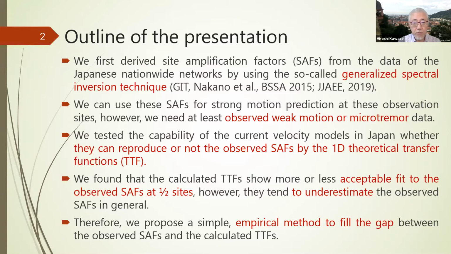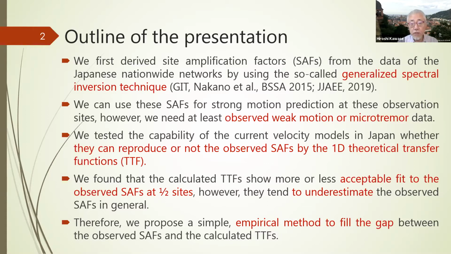We tested the capability of the current velocity models in Japan produced by NIED, whether they can reproduce the observed SAFs by 1D theoretical transfer function, here TTF. We found that the calculated TTF show more or less acceptable goodness of fit with the observed SAFs at about 1/2 of the sites.